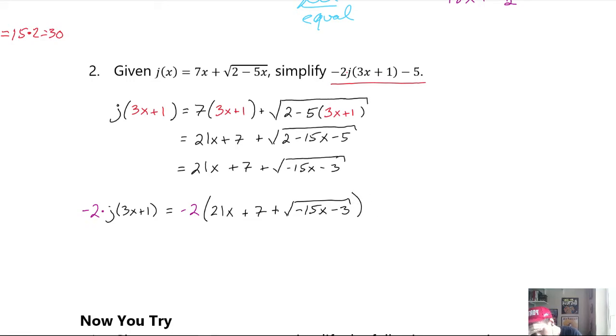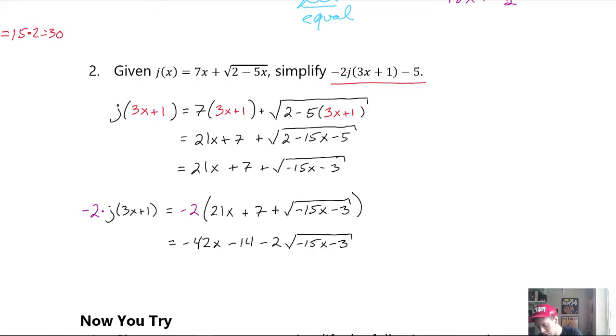And then we'll close the square root, close our parentheses for j of 3x plus 1, and then we'll go ahead and distribute the negative 2 across to get negative 42x minus 14 minus 2 times the square root of negative 15x minus 3, close the square root. And that's completely simplified there.